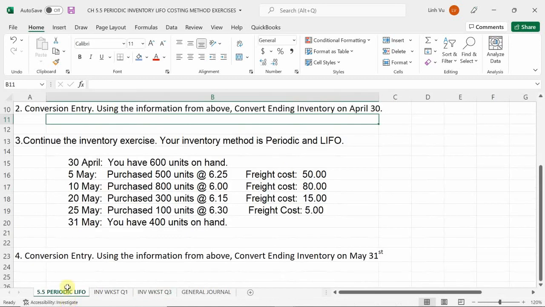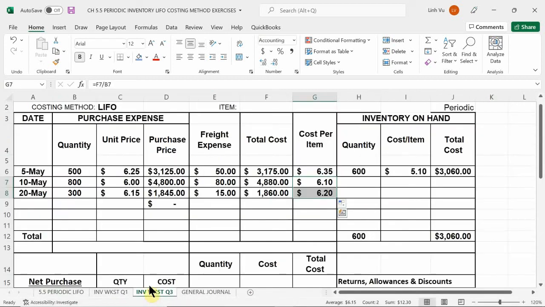Last thing I have here for purchases was May 25th. We ended up purchasing 100 units at $6.30 each with a freight cost of $5. Okay, so that one should be straightforward. You got 100 units at $6.30, so that should give you $630.